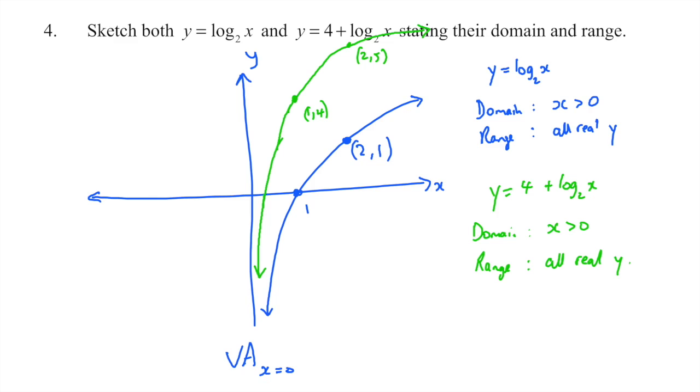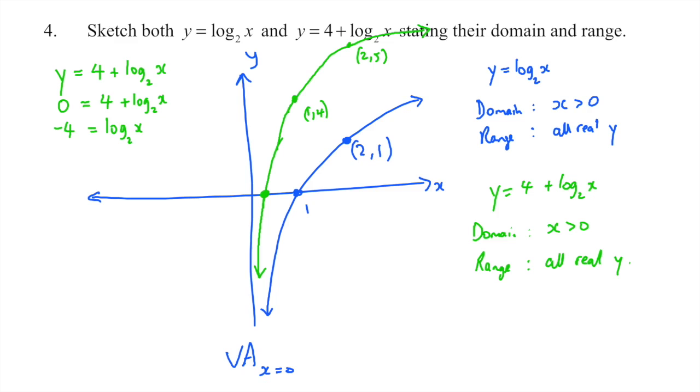Is it possible to find out where it crosses the x-axis? How do you find an x-intercept? You let y equal 0. So for that particular graph, I will try that. So if I go y equals 4 plus log to base 2 of x, if I let y equal 0, move the 4 across to the other side.